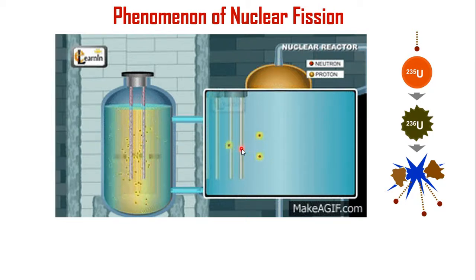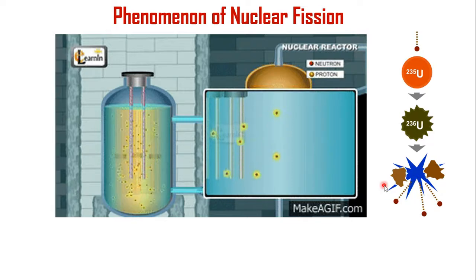One neutron hits this rod and it splits into three. Again this will hit the rod, again it becomes three, and it multiplies. This is about only one atom. The same case is applicable with a larger number of atoms like this, so a greater amount of energy is developed.